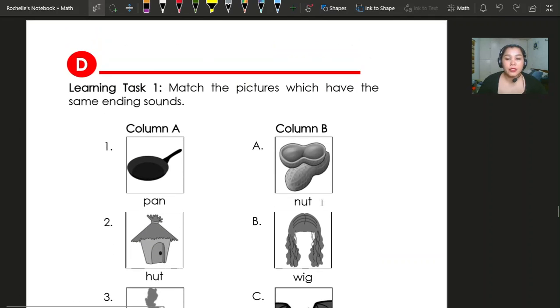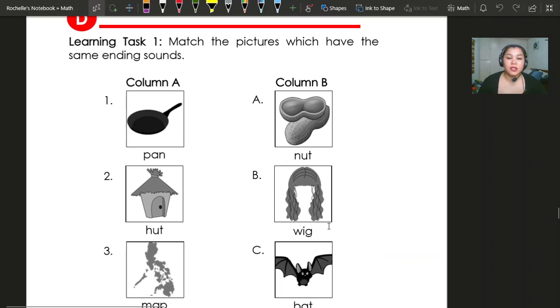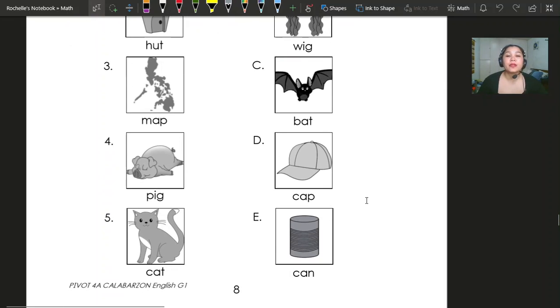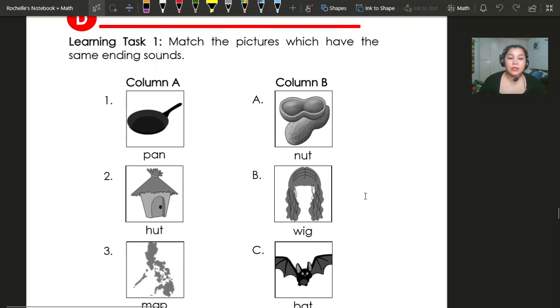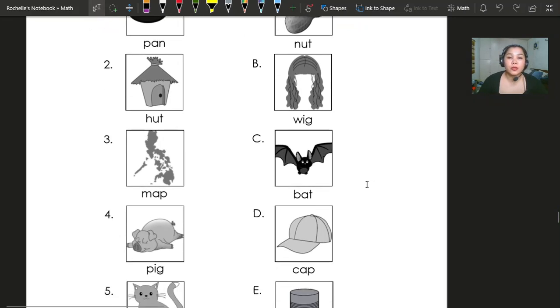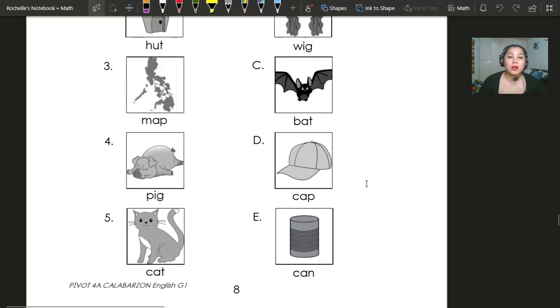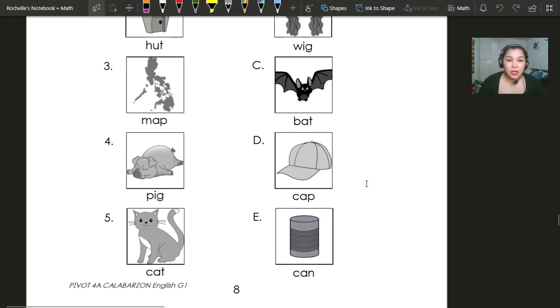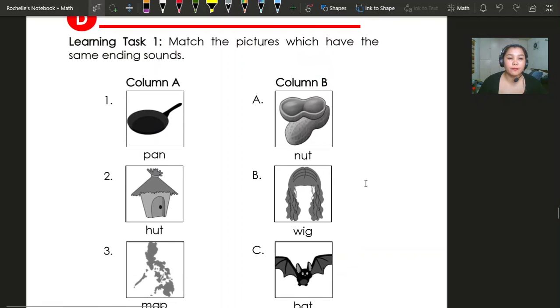And then on the other side, we have nut, wig, bat, cap, and then can. Okay, so what you have to do is match, by drawing lines to connect each rhyming words. Okay, pause to finish this learning task 1.